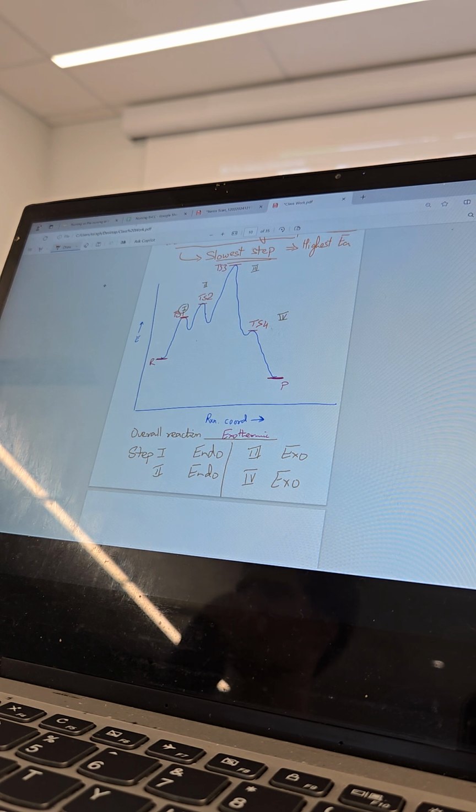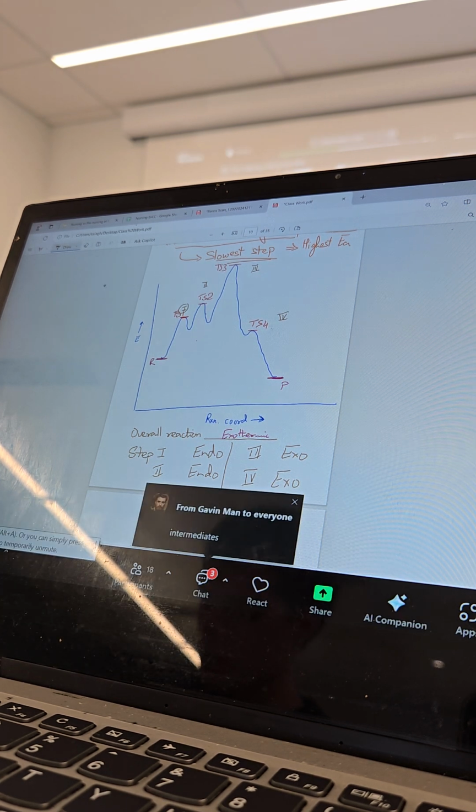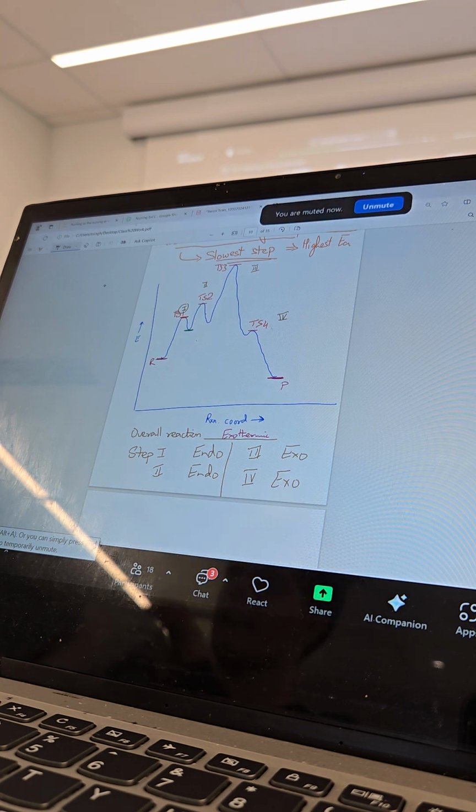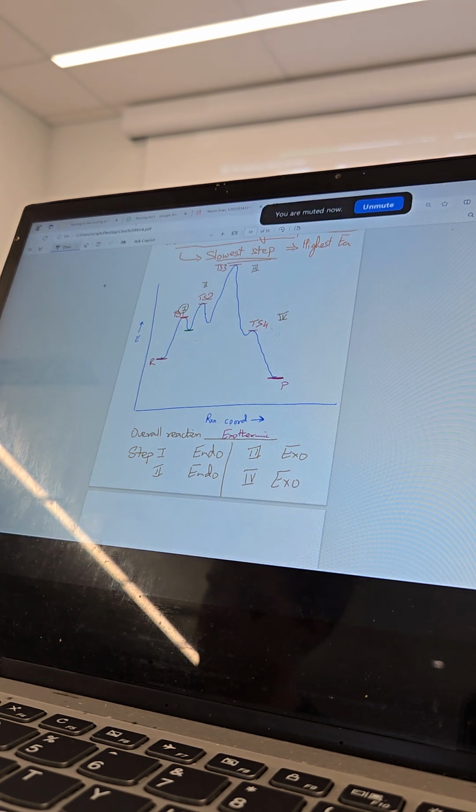So what exists in the valleys? What is represented there? Intermediates, exactly. So how many intermediates are there in this entire overall reaction?